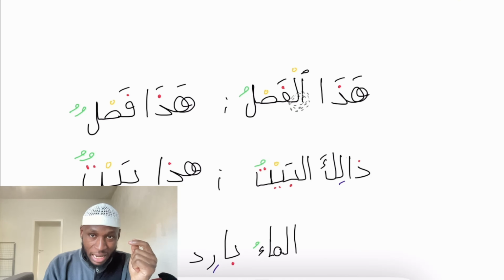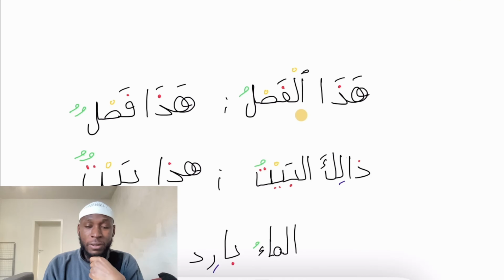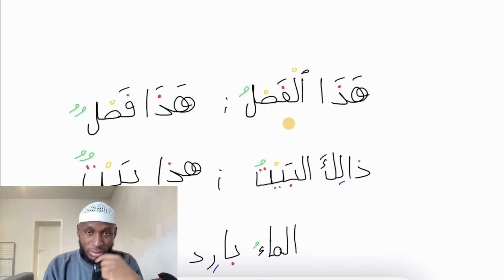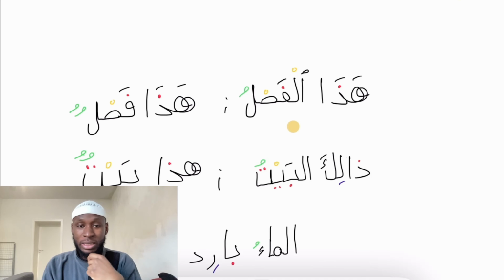Al-faslu has al, so it cannot have the tanween. Al and tanween cannot coexist. We cannot have both, because you cannot say a the house or a the classroom. Either it is definite or it is indefinite. So here we have faslu.